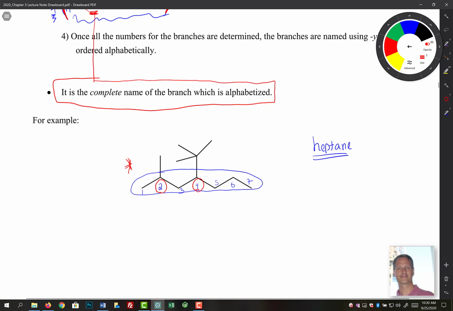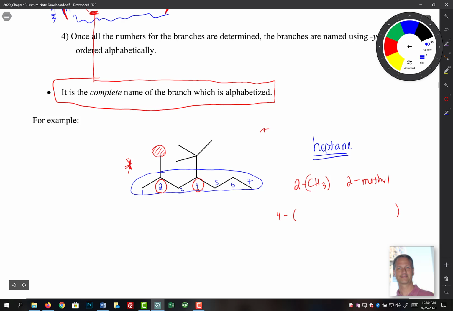If you numbered it from over here, you'd get a higher number. At number 2, that is a simple substituent, a CH3, so together we call that a methyl. And then at number 4, we have some other business happening here.